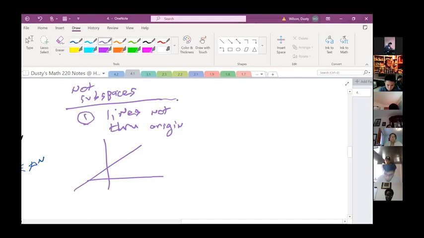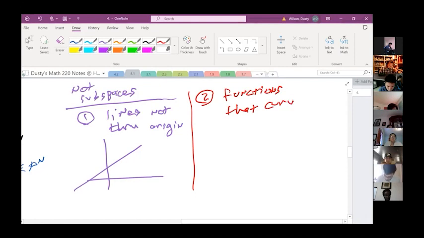And then I had curved. I think Richard's comment was on curved lines. Sure, let's think about these. Functions that curve. Okay. Here's an example of a function that curves.